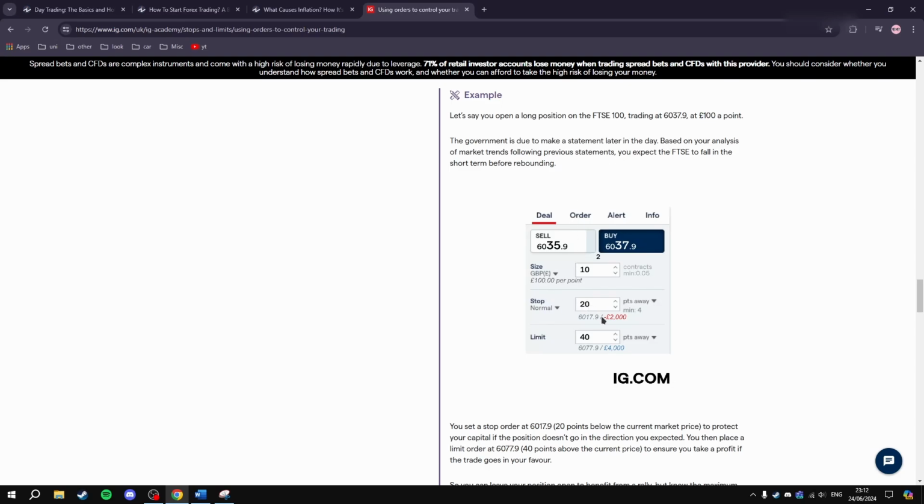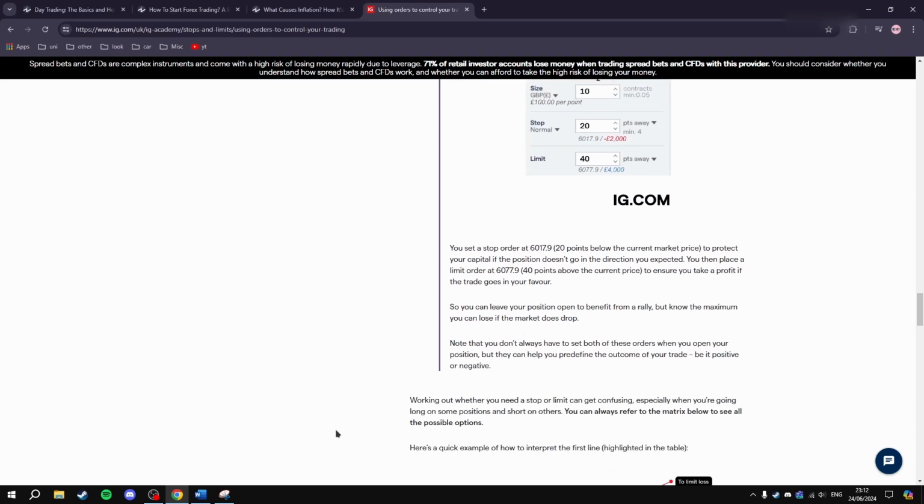Stop 20 points away. Limit 40 points away. So the maximum you lose is 2,000, and the maximum you gain is 4,000. 40 points, so each point is 100.